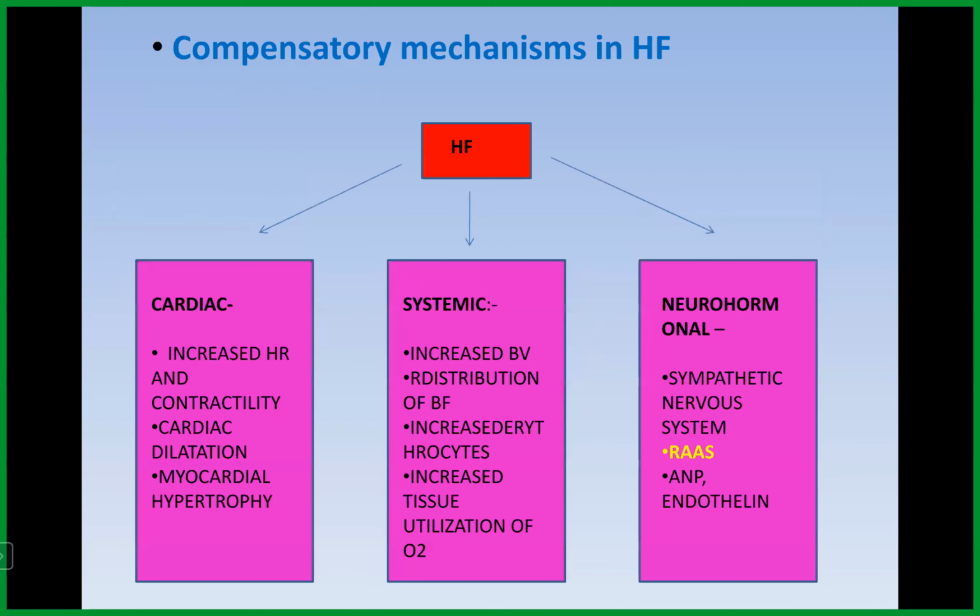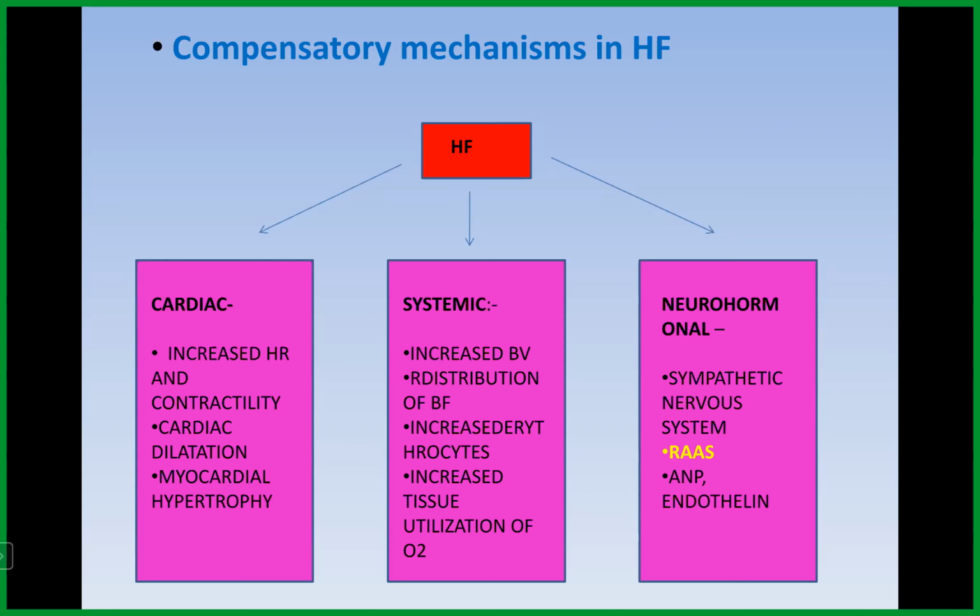Coming to the compensatory mechanisms in heart failure, just a brief recap. Cardiac compensation is increased heart rate, increased contractility, cardiac dilatation and myocardial hypertrophy. Systemic compensation is increased blood volume, redistribution of blood flow, and increased tissue utilization of oxygen. Now, the neurohormonal part is our main point of interest, because we are talking about fluid balance in congestive heart failure.